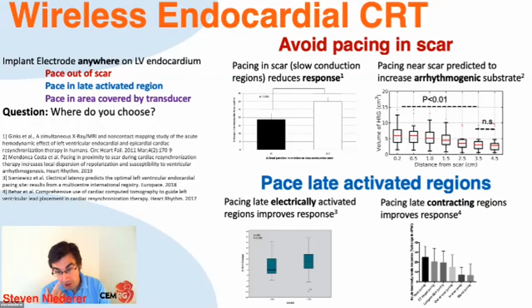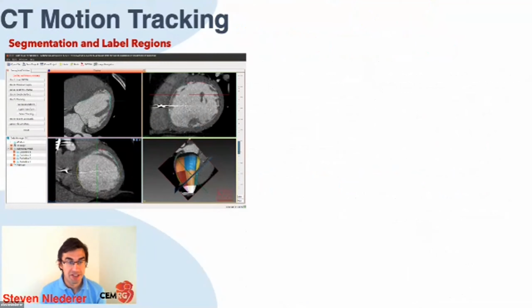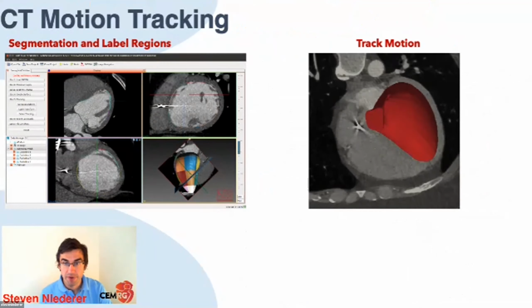We also know that we'd like to pace in late activated regions. So if we pace in late electrically activated regions, we see a better response. And also if we pace in late contracting regions, we see a better response. So these are what inform our decision on where to pace these patients. To work out where the patient's late contracting regions are, we made our own software for doing CT image processing and feature tracking.